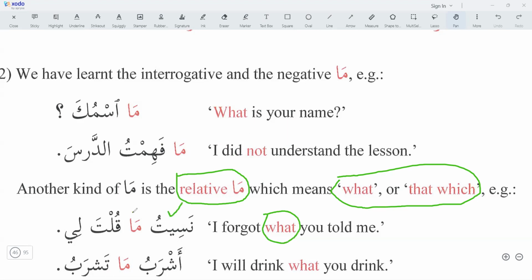Ma qulta li, what you told me. So this ma is ma al-masula, it is relative ma. Ashrabu ma tashrabu. I will drink what you drink. Ashrabu, I will drink. Ma tashrabu, what you drink. So this ma is ma al-masula.